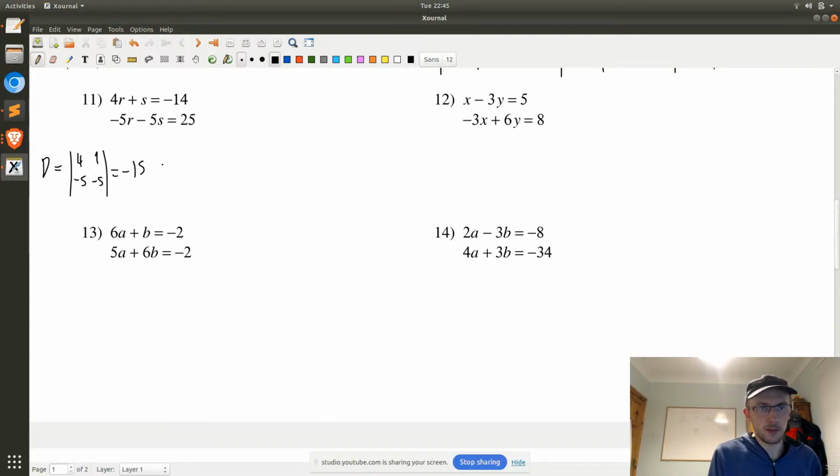Minus 15. And the determinant of R? Wrong. 70 minus 25.